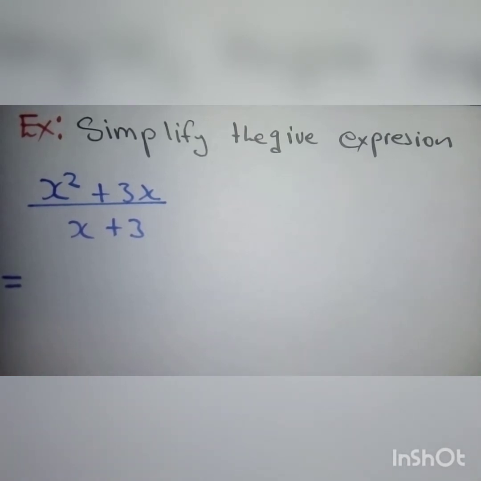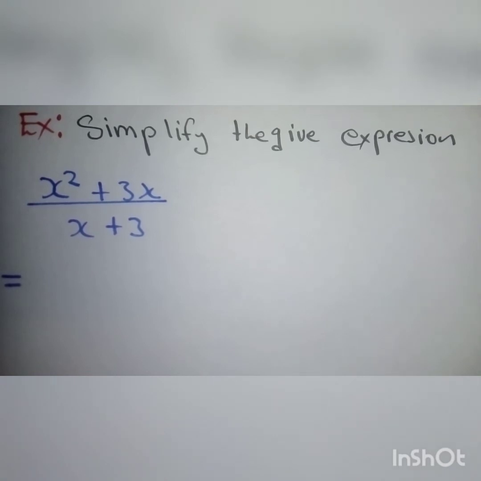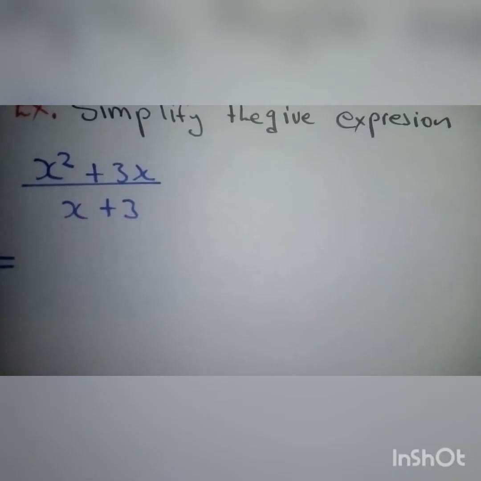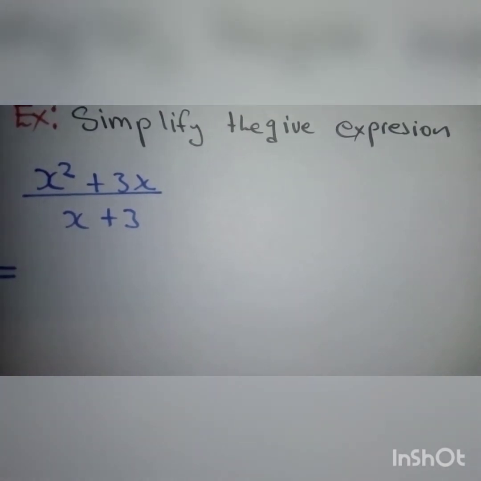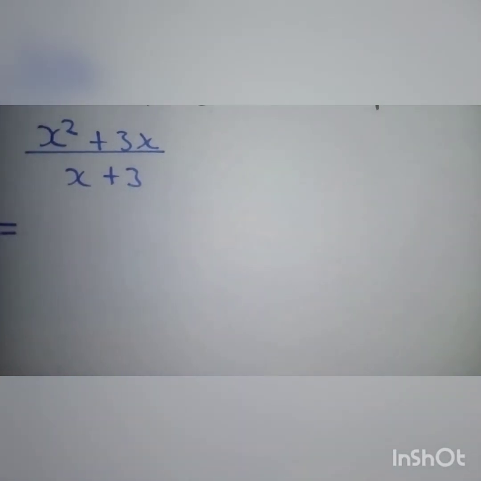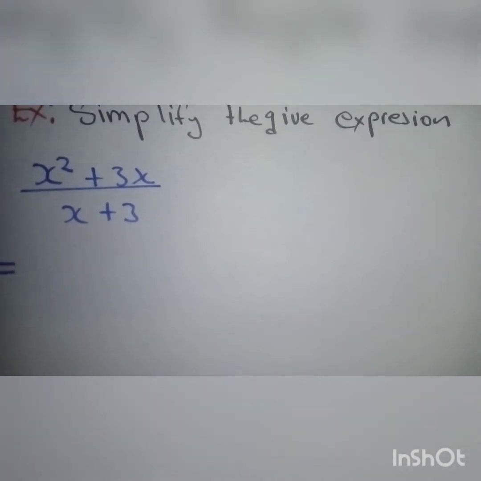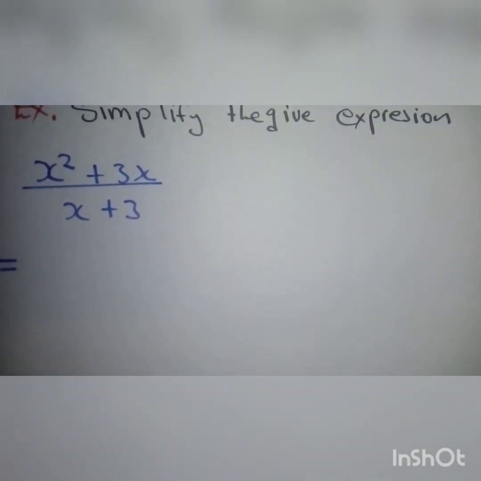In this given expression, what type of factorization are we going to use to simplify the expression? The knowledge that we are going to use is factorization. So it is factorization of a common factor. If we use the factorization of a common factor, we will simplify this expression.